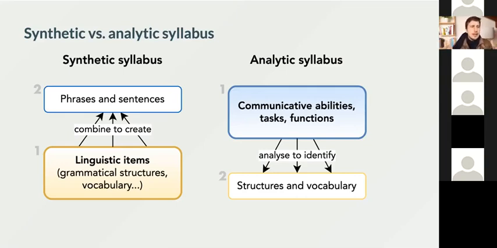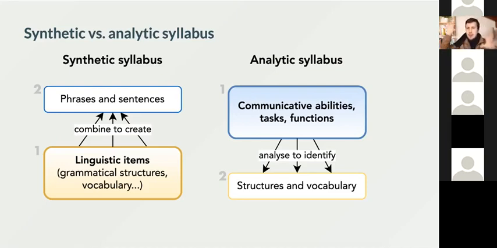We are actually going to first focus on communication, tasks and functions, and then after that we are going to analyze these big communication moments to find the small items, the linguistic items, the structures and the vocabulary.